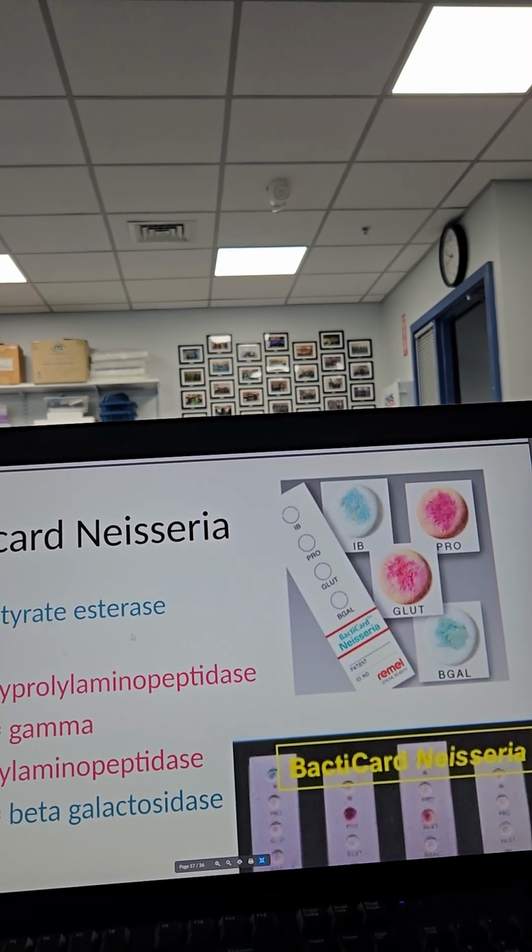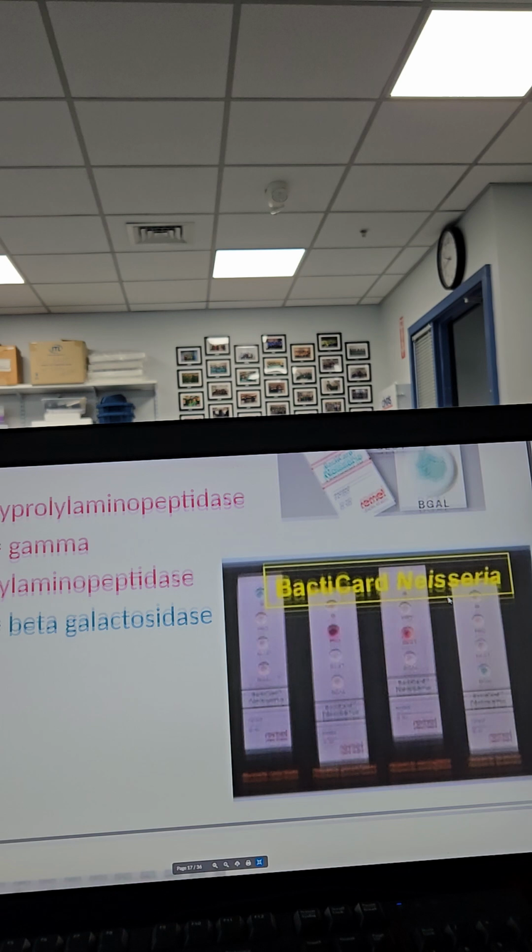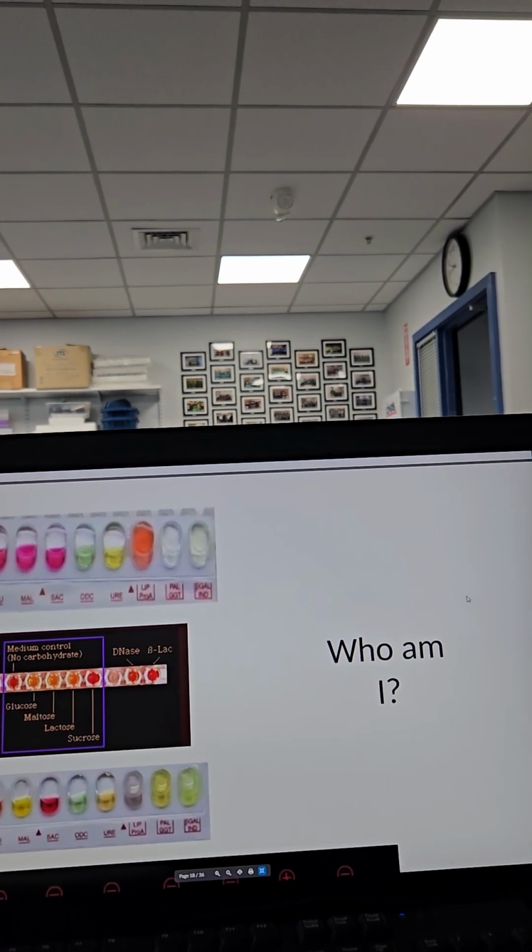If you want, you can put the organism next to all these. Figure out how to make that happen.